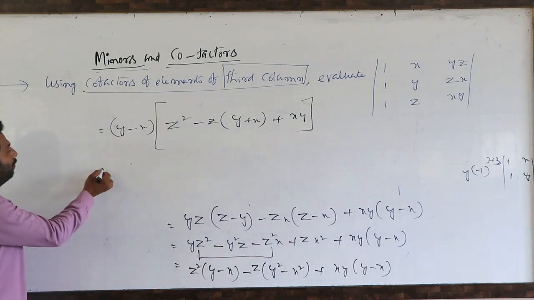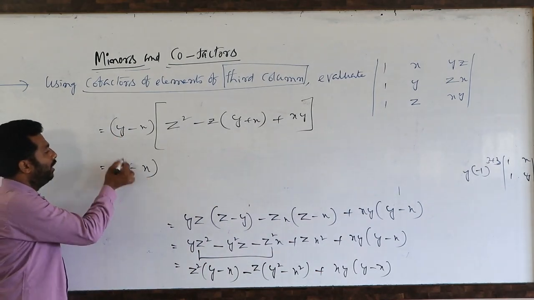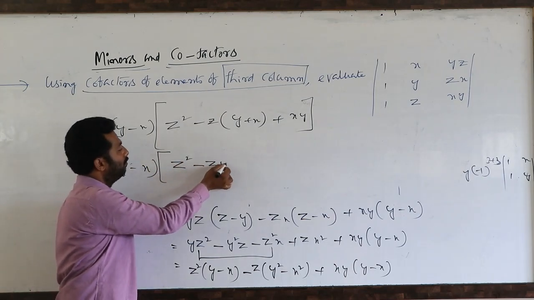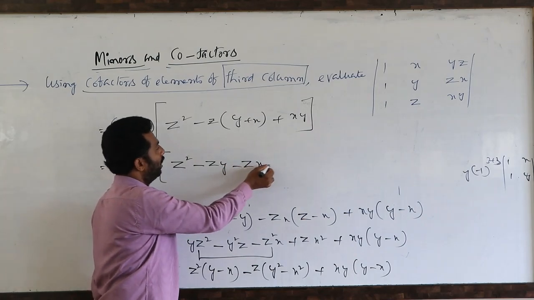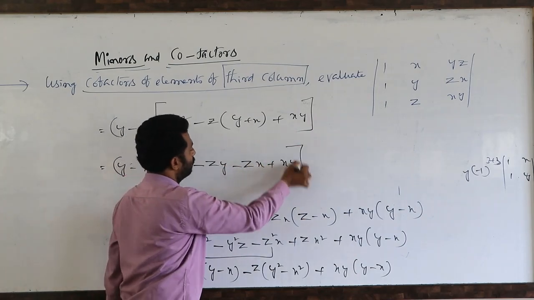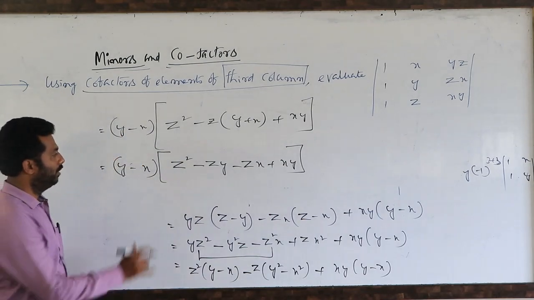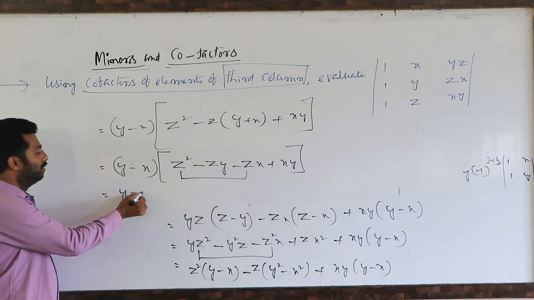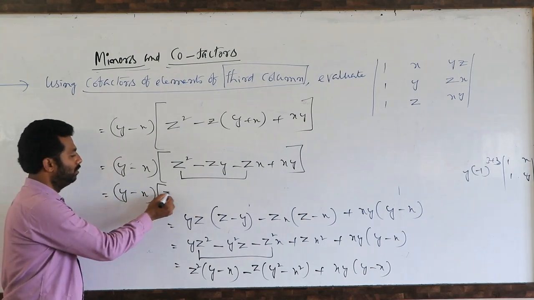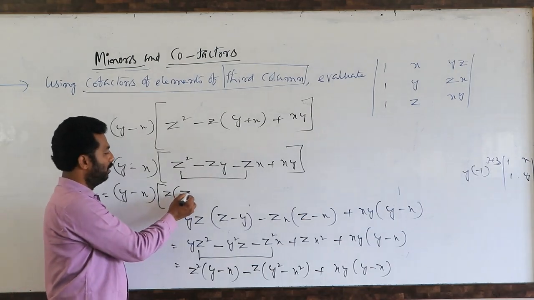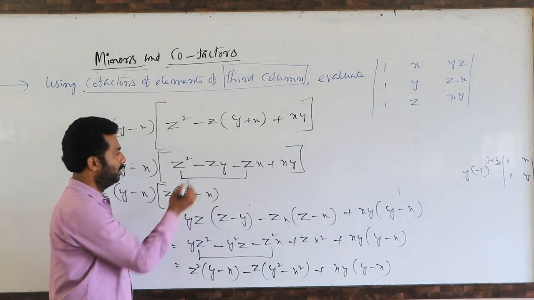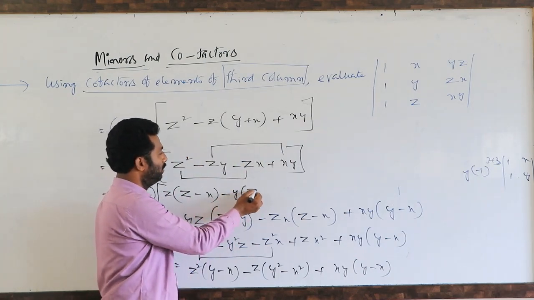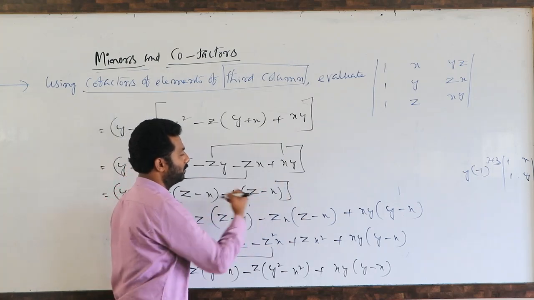Okay. Again, from this, y minus x into z square minus zy minus zx plus xy. From these two, if I take z common, z minus x. From these two, if I take minus y common, z minus x.